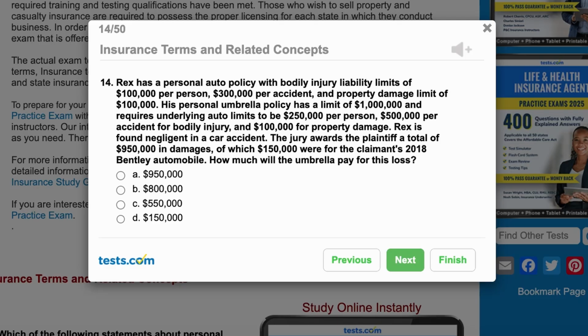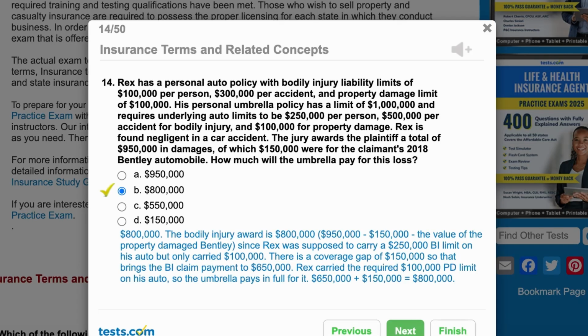A. $950,000, B. $800,000, C. $550,000, or D. $150,000. B. $800,000. The bodily injury award is $800,000: $950,000 minus $150,000, the value of the property damaged Bentley.